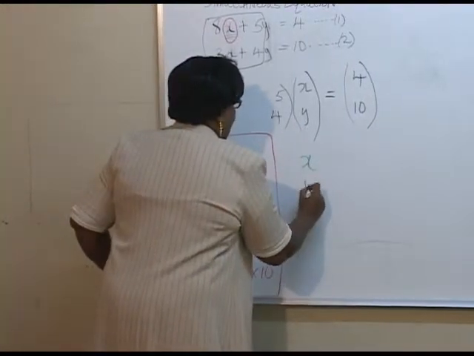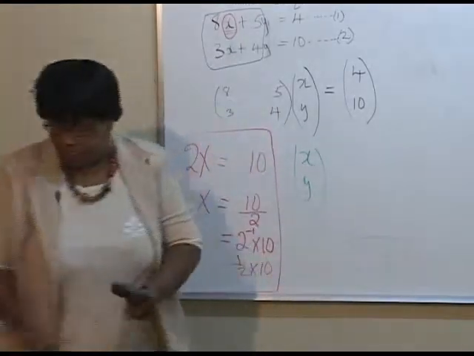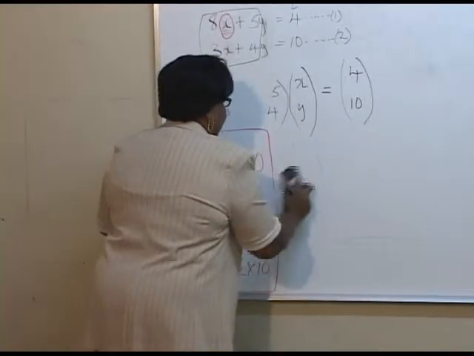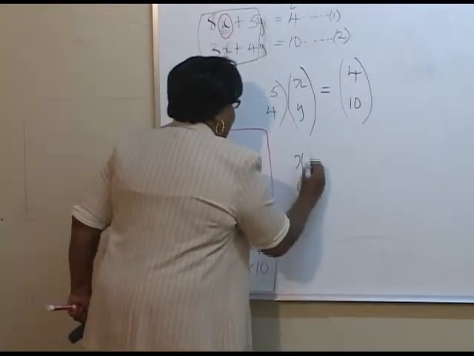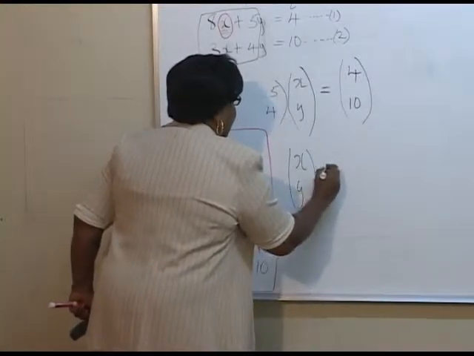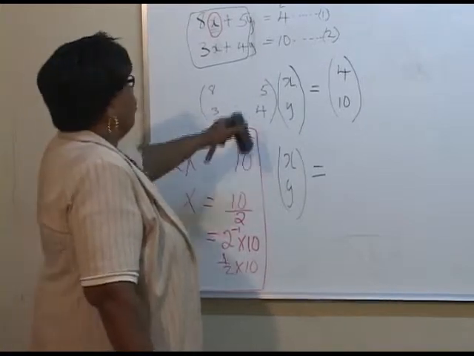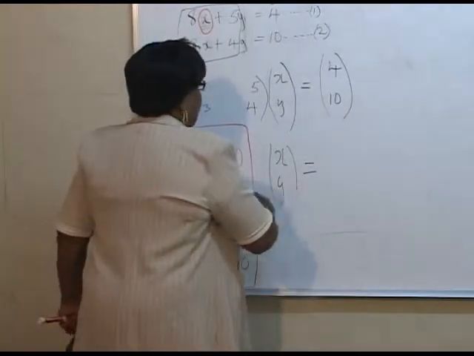x, y, sorry, the wrong one, because we want to write it in black. So it would have been x, y, staying on this side, is now equal to, and technically it would have been 4, 10 divided, and I'm going to write it and then show you something.